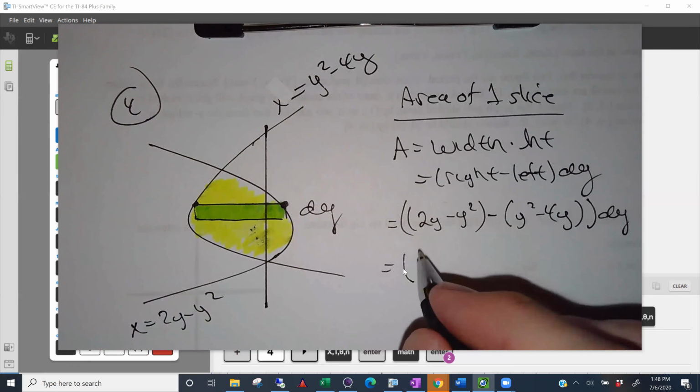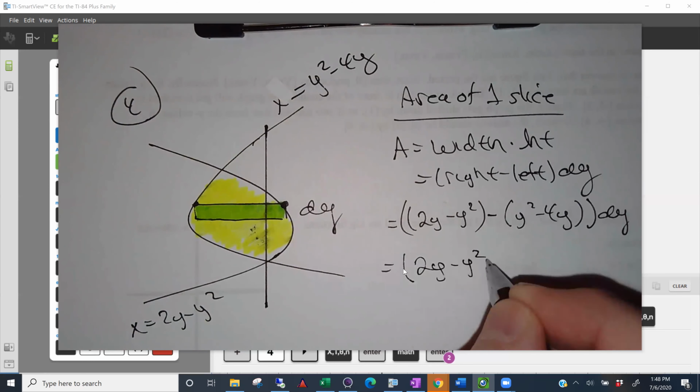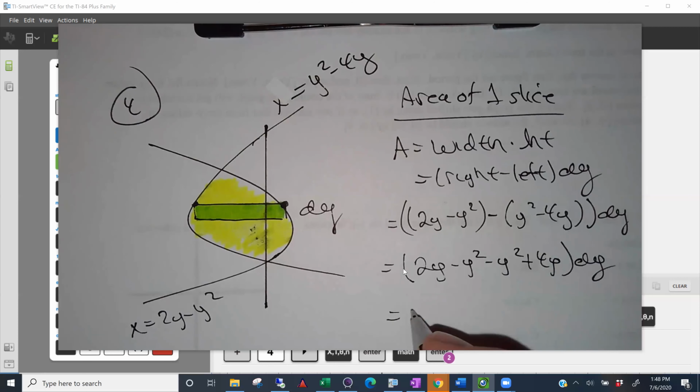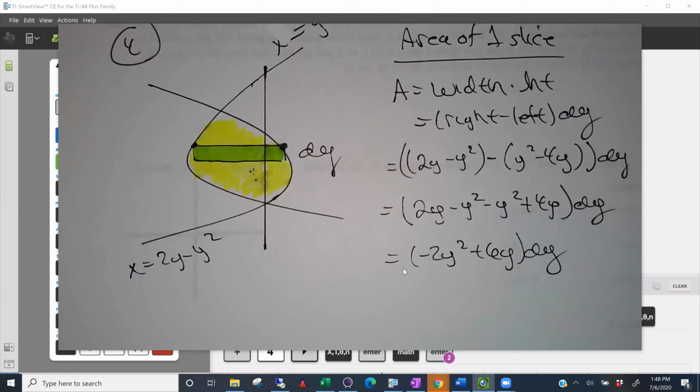Let's distribute 2y minus y squared plus 4y. And we'll clean it up. Minus 2y squared plus 6y. Nice. So that's the expression that we're going to integrate. Negative 2y squared plus 6y dy.